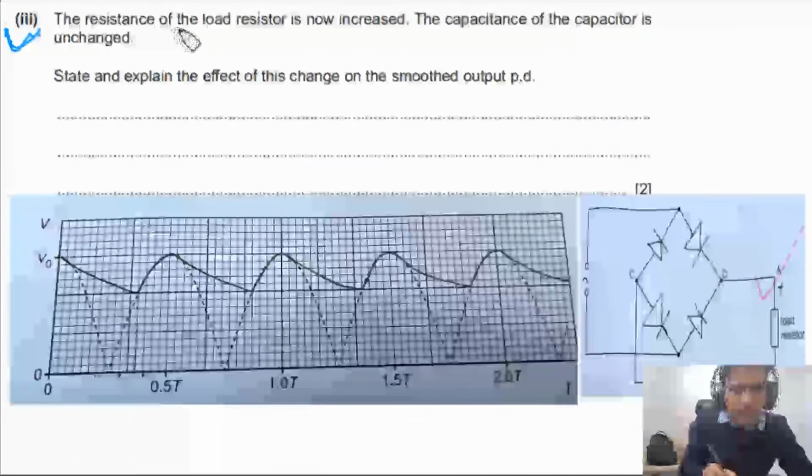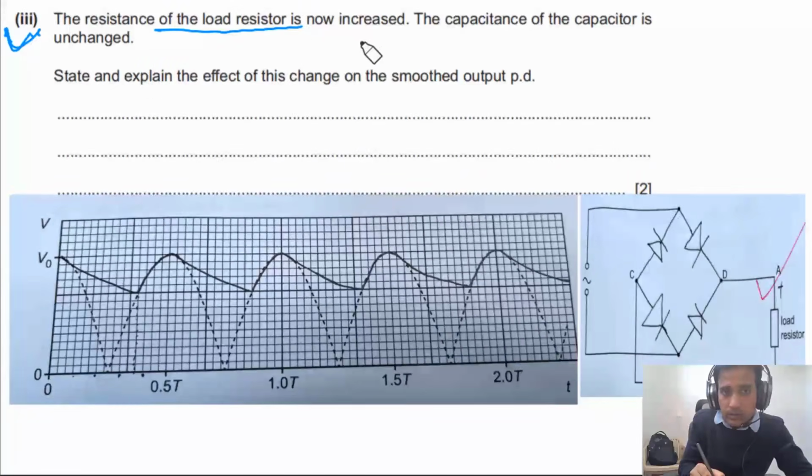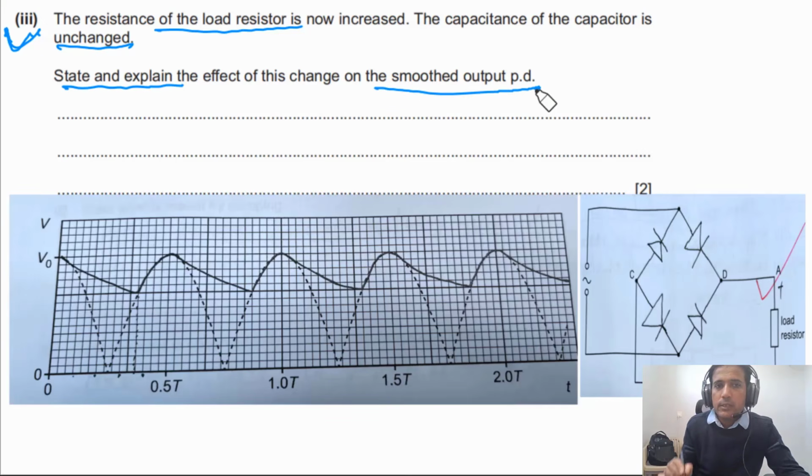Third part says the resistance of the load resistor is now increased. The capacitance of the capacitor is unchanged. State and explain the effect of this change on the smoothed output PD. So what is the effect on output PD? Or we can say what is the effect on ripples.